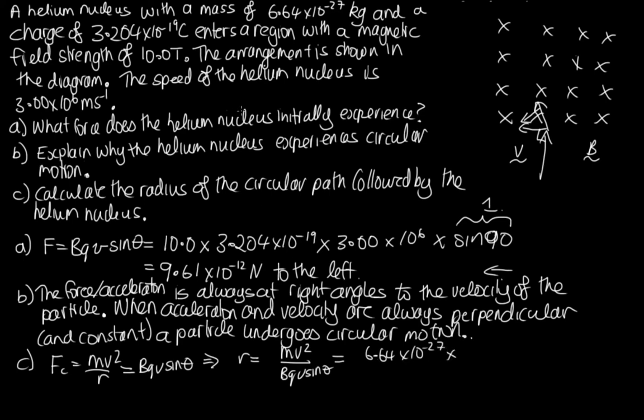The V is equal to 3.00 times 10 to the 6 meters per second, squared, over the BQV sine theta, which we calculated here, 9.612 times 10 to the minus 12. And so solving this on the calculator, we get 6.22 times 10 to the minus 3 meters, i.e. 6.22 millimeters.